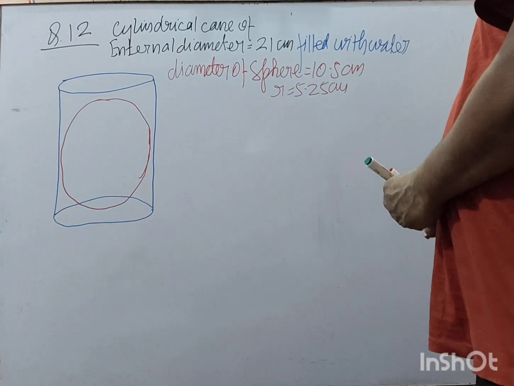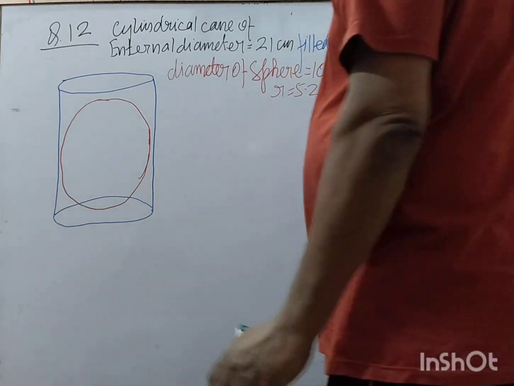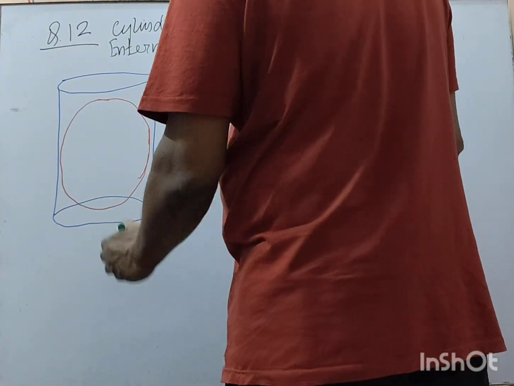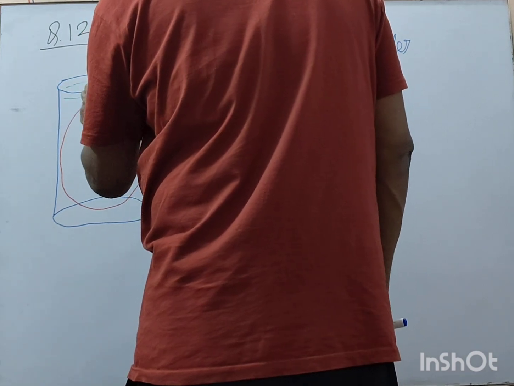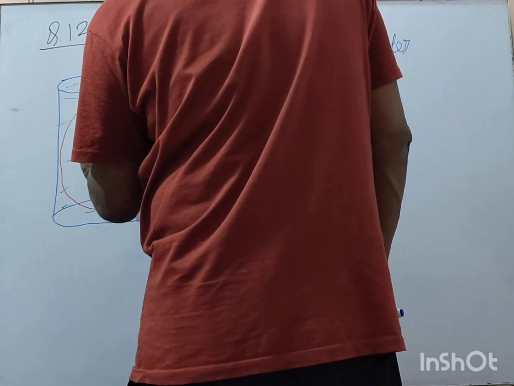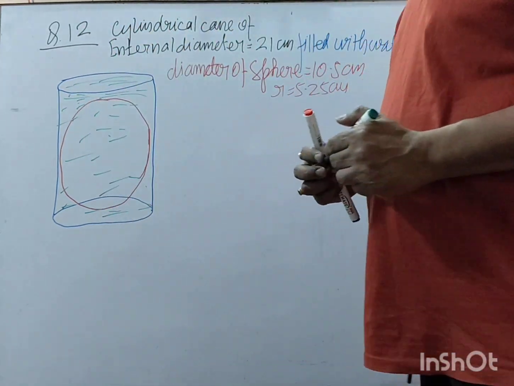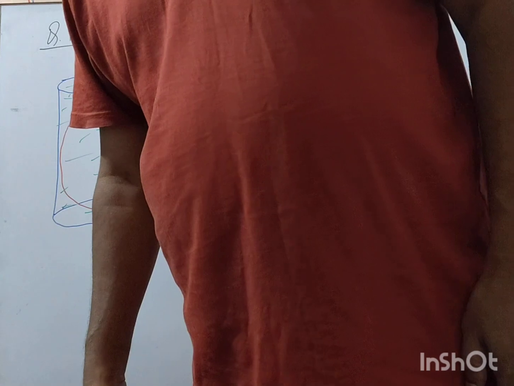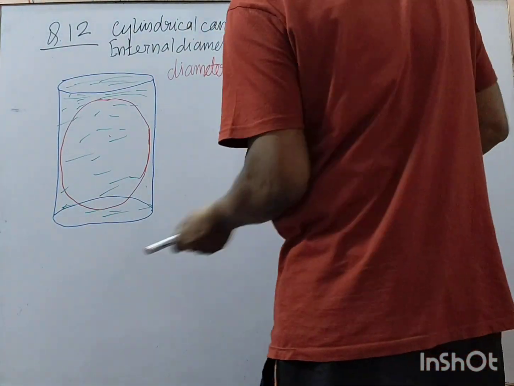It is filled with water. So what do you have to find? Find the rise in water. Its radius is 5.25.